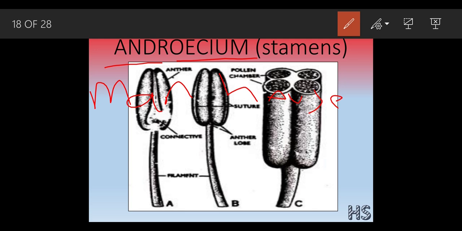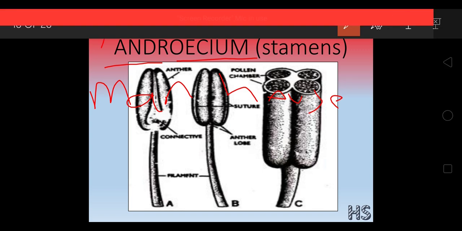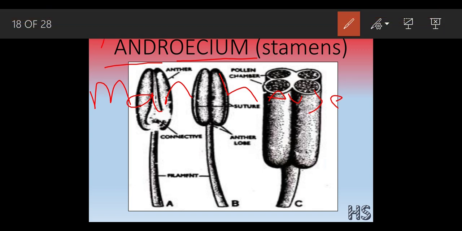Now let's discuss the structure of the androecium, how the androecium looks.